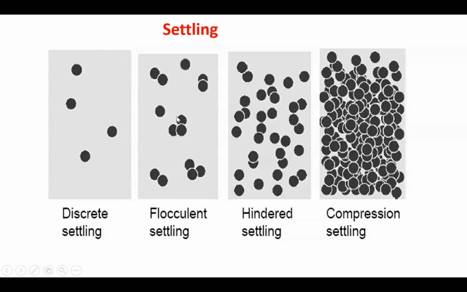It depends on the size of the individual and how much it is flocked and formed a structure like this. It depends on the type of combination, and if it's an individual, then the velocity is smaller. So at different positions, the velocity is different for each group. It is not a uniform velocity throughout the chamber.